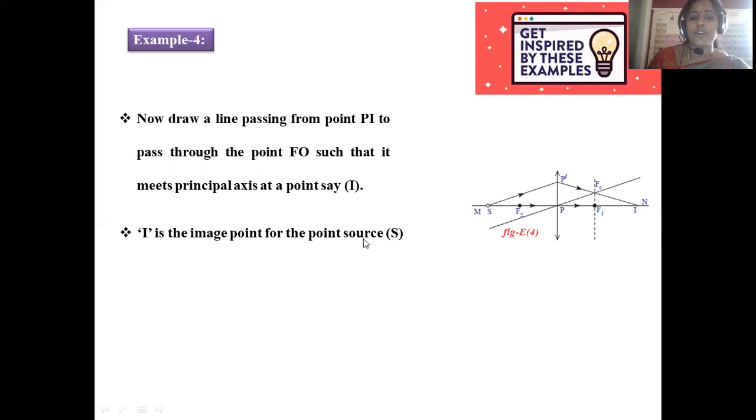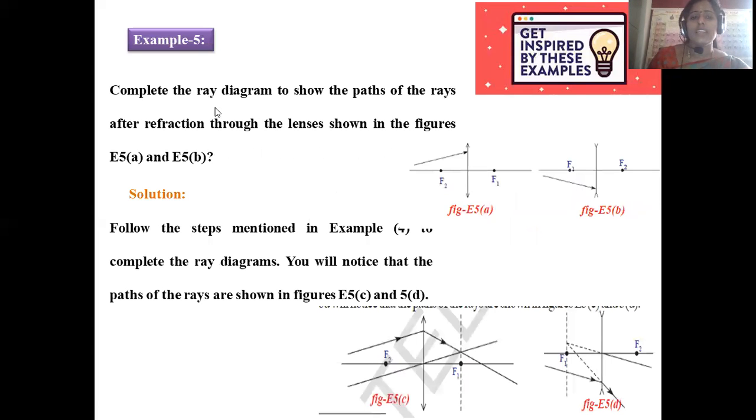And next, I is the image point of the point source. This is the point source. From this, light rays move, and ultimately where the convergence is possible, there you are going to get the image of that one. Here you will get its image, right? Now complete the ray diagram to show the path of rays which refract through the lens as shown in the figure.